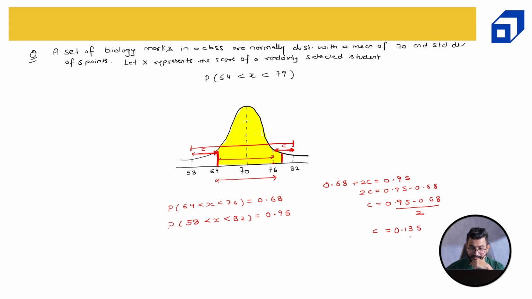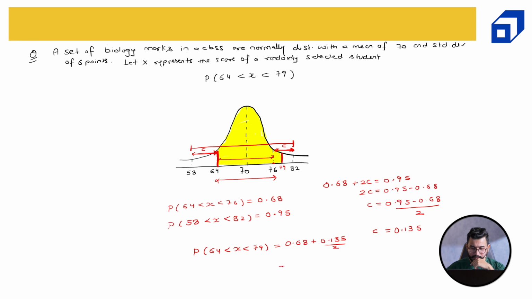Now I am interested in half of it, right? So my final answer will be the probability of a data point between 64 to 79. I'm interested in this point, which will be 68, so 0.68 plus 0.135 divided by 2.